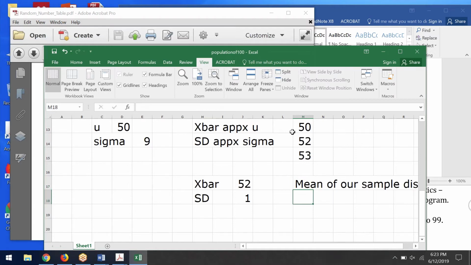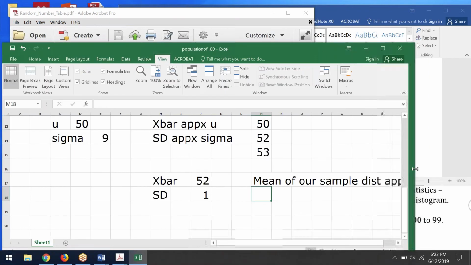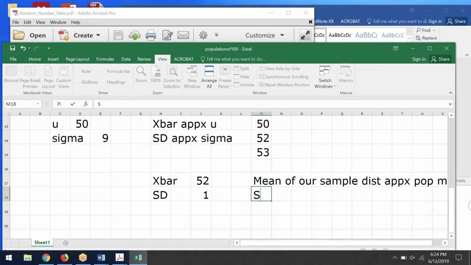That's nice, but what's even nicer is that we can also say that the standard deviation of our sample means, this new distribution based on repeatedly, thousands of times, taking a sample of size 9 and finding the average, is equal to sigma, the standard deviation of the population, divided by the square root of the sample size.